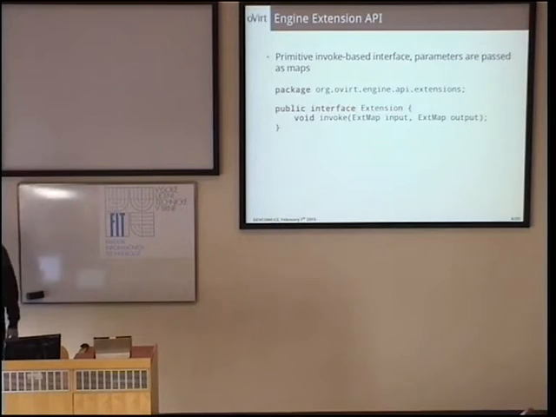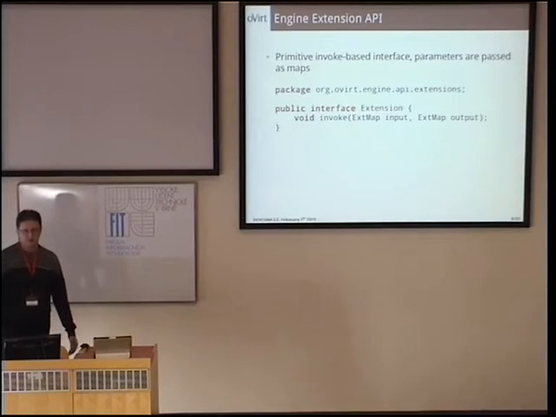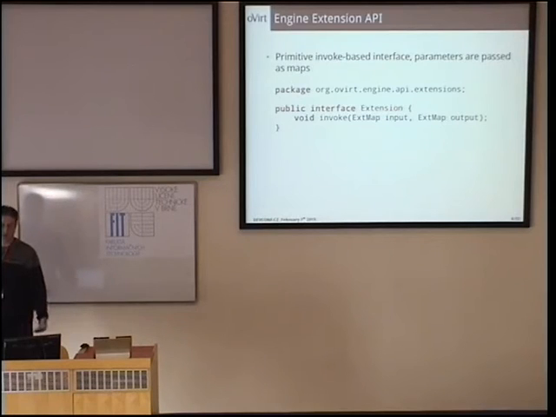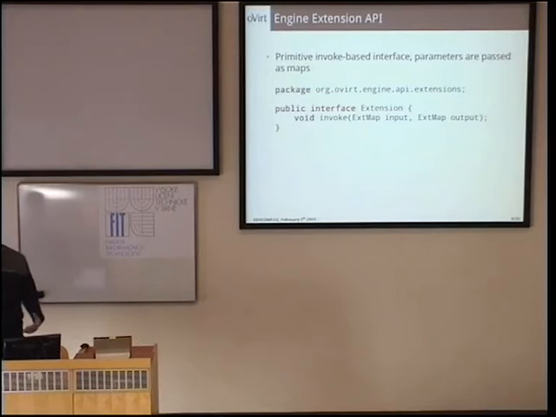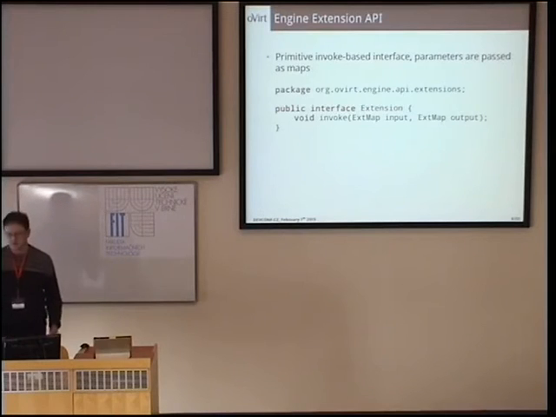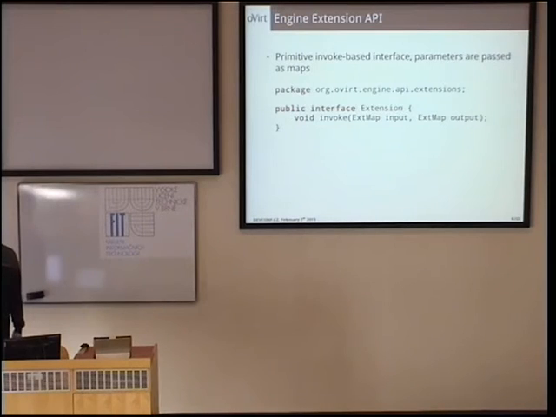When we discussed how to do the extensions, we decided that a primitive approach, using just invoke with a map of input parameters and a map of output parameters, would be primitive, but I would say easiest to implement and less prone to breaking compatibility. So each extension has just an invoke method with a map of input and output parameters.